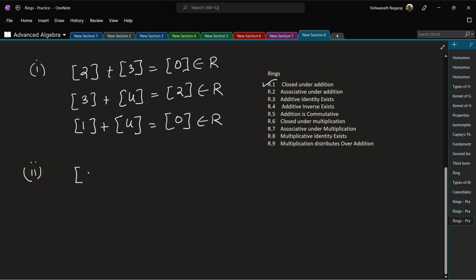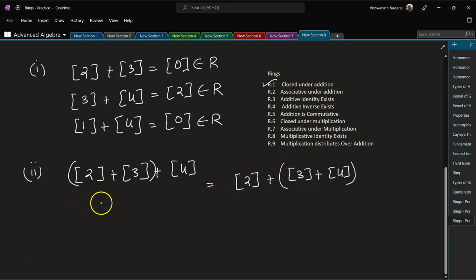So let's see 2 plus 3 plus say 4. If we take these first two, does it equal 2 plus 3 plus 4? Let's actually do it. 3 plus 2 is 5, which will be 0, plus 4 is equal to 2 plus 3 plus 4, which is 7.